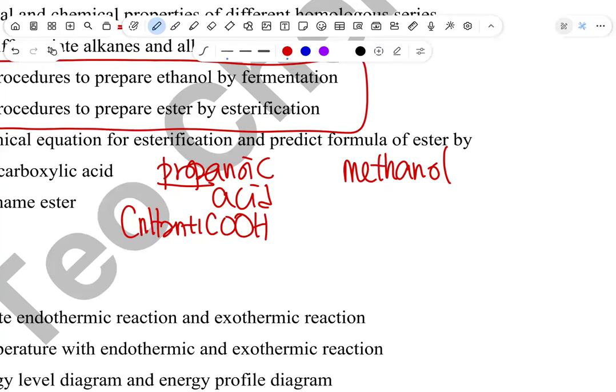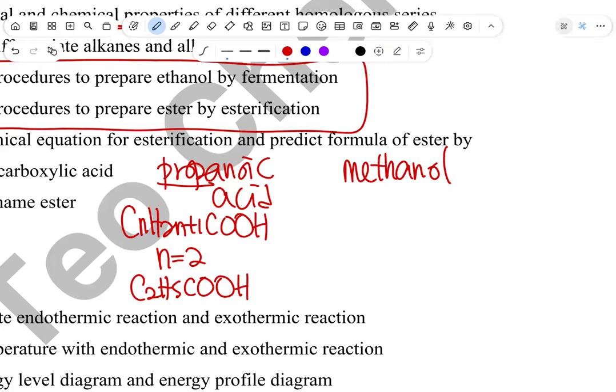Propanoic acid has 3 carbon. So for carboxylic acid, I want 3 carbon, but the n cannot be 3. If any one of you remember, I told you in chapter 2, for carboxylic acid, if you want to predict the formula, the n must be the number of carbon you want minus 1 unit, isn't it? So I want propanoic acid, I want 3 carbon, but the n should be 2.